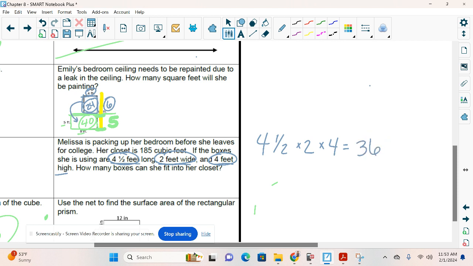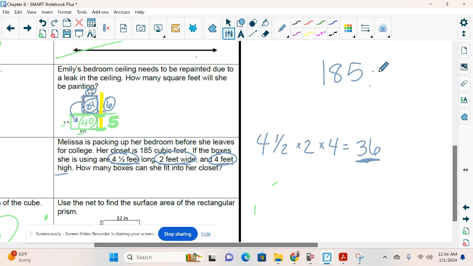Now her closet has a total capacity of 185. Each box takes up 36. So we're constantly stacking and breaking up that room into 36 cubic feet. If we're constantly breaking it up, that is division.